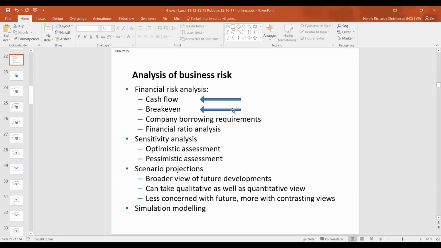So I'm trying to do it very slowly and trying to reach out to you who have not heard about this before and make it very simple, maybe a little bit too simple, but enough input for you to understand the basic idea about cash flow and break even.